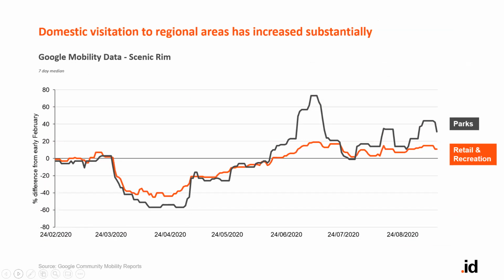If you can establish a good relationship with your domestic tourists and you can create marketing that appeals to that audience that sits in those major capitals and in those heavily populated areas, you will do well out of this crisis. International travel is going to be non-existent for a long period of time, and the quicker we can shift to our domestic tourism markets, the better off our tourism industry will be.